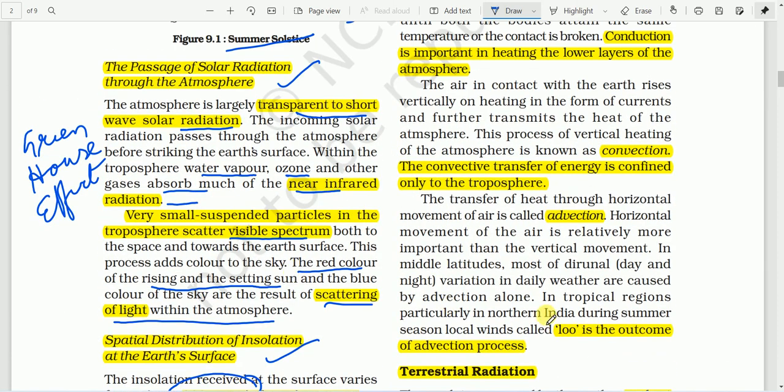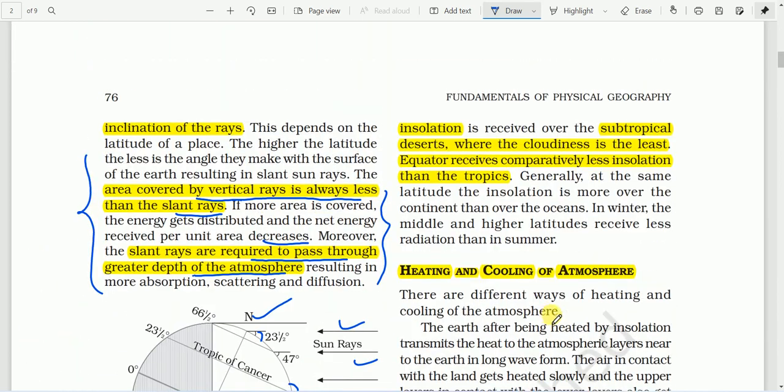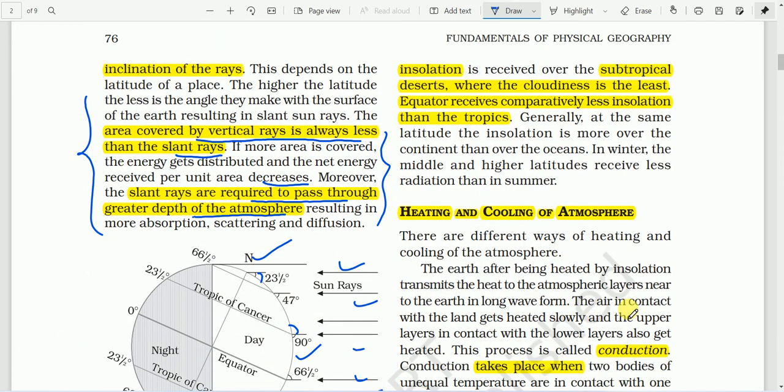So maximum insolation is received over the tropical deserts. Over the desert areas we get the maximum amount of insolation, that is, incoming solar radiation, where the cloudiness is the least. Over the tropical desert, cloudiness is the least, that is, the sky is very clear.